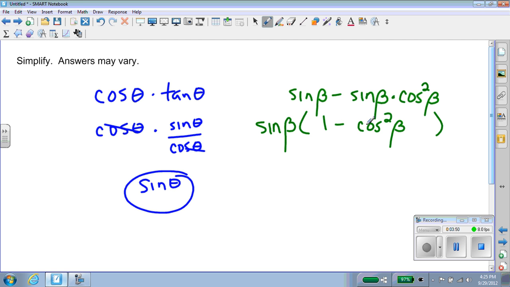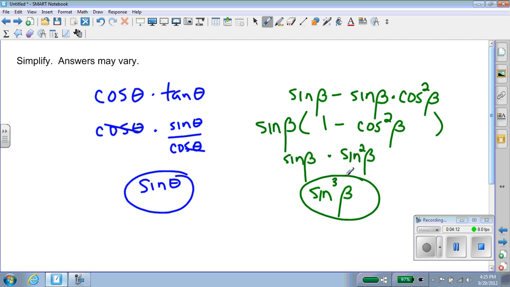So 1 minus cosine squared beta must be sine squared beta. And sine beta times sine squared beta would be sine cubed of beta. And I don't think it's getting any simpler than that. Let's try another.